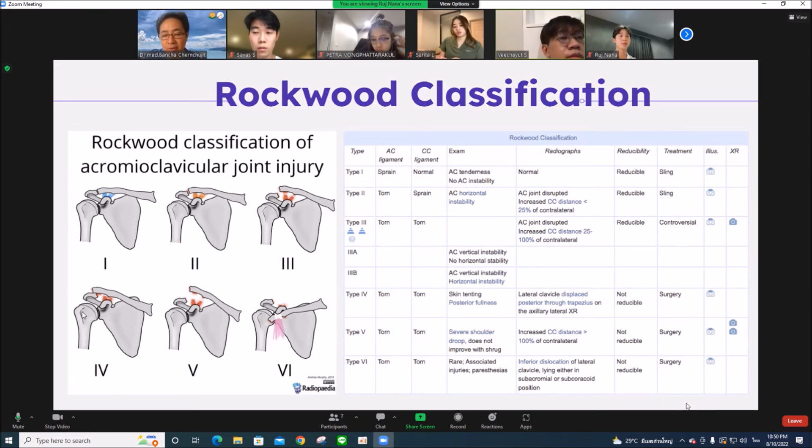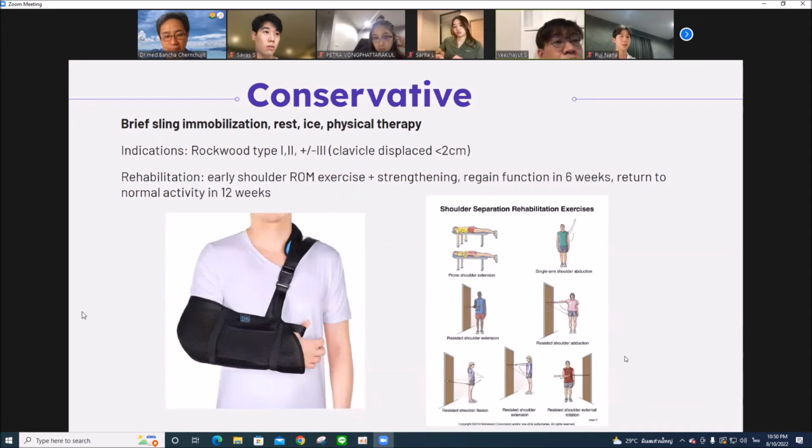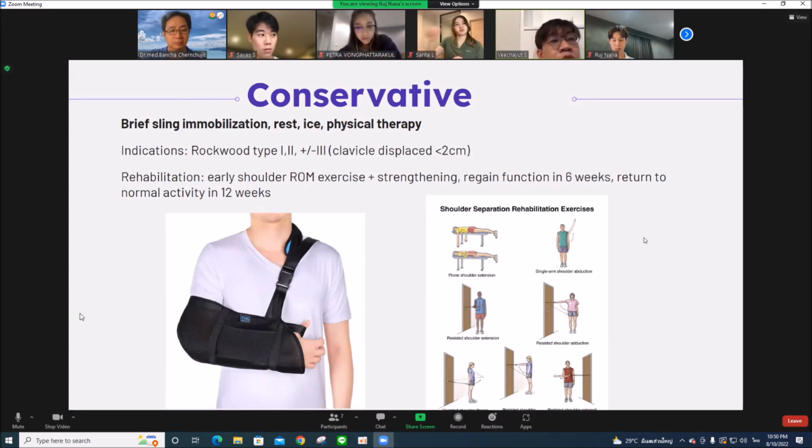Okay, very good. So as said earlier, if it's grade 1 or grade 2, or grade 3 with clavicle displacement less than 2 centimeters, we can treat them conservatively with arm sling immobilization and resting with ice.